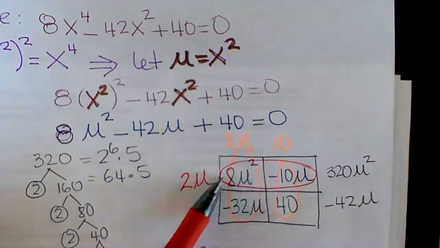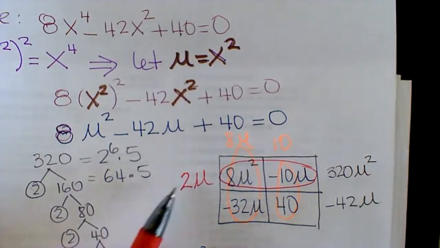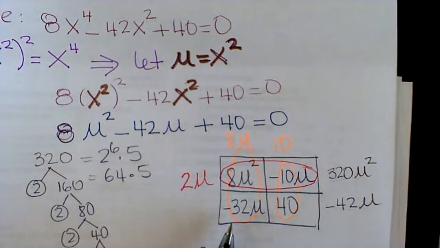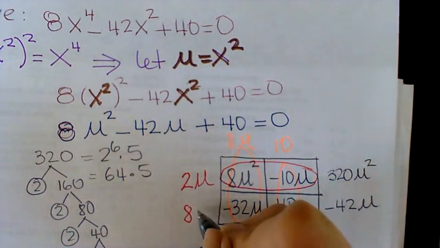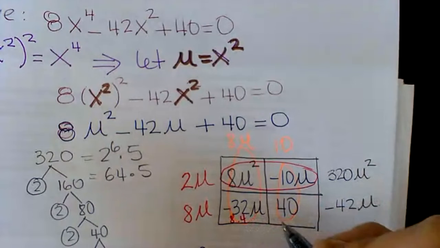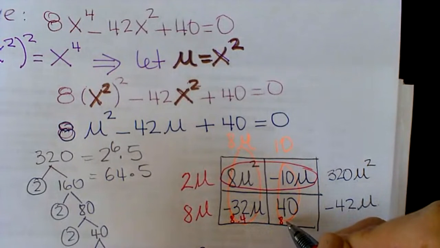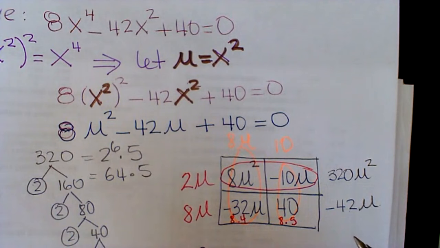Because 8 and 10, what is the greatest common factor will be a 2. And between these two is going to be 8, because 8 times 4 is 32 and 8 times 5 is 40.